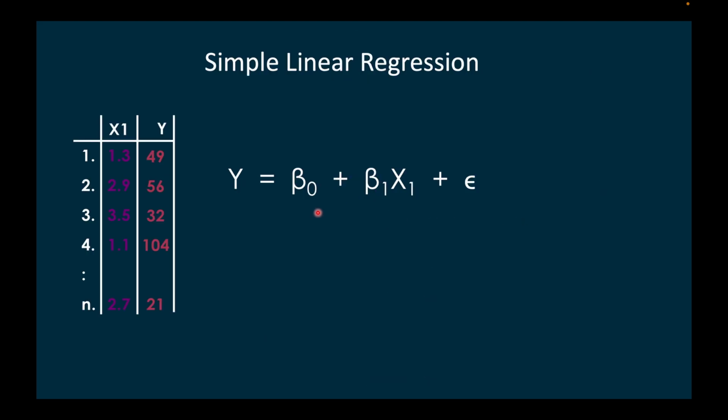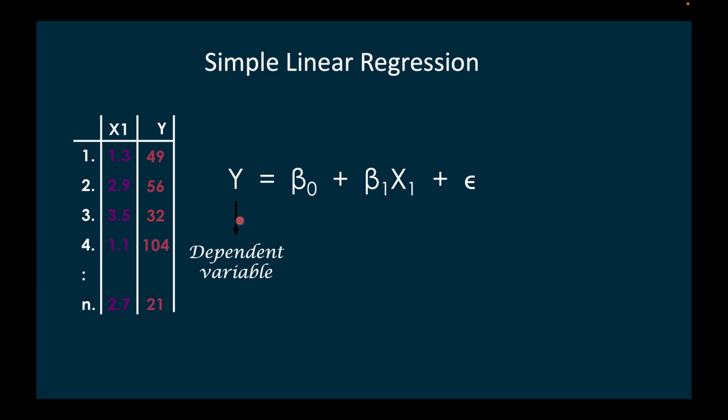The simplest linear regression model is the one with a single independent variable. And the corresponding equation would look something like this, where y is equal to beta 0 plus beta 1 times x1 plus epsilon. Now let's go deep into the meaning of these values.